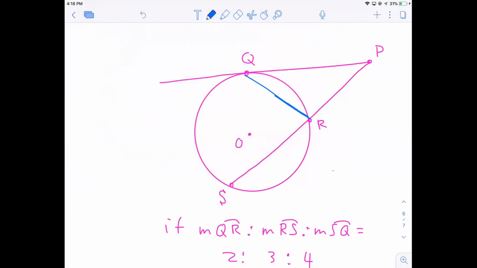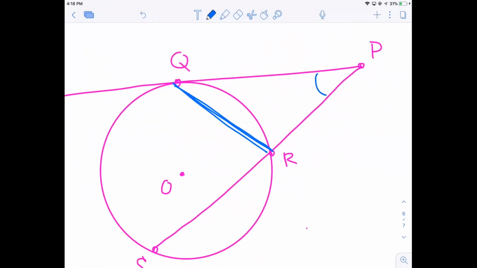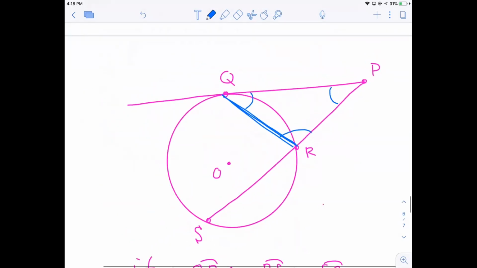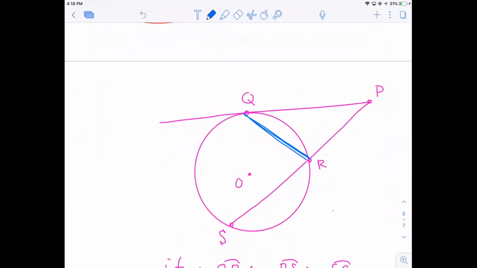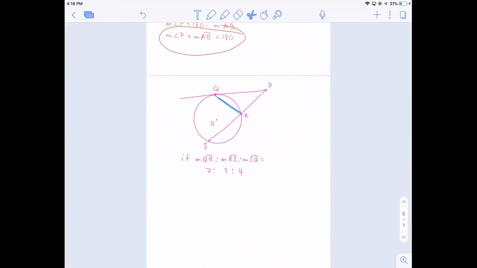Also I'll draw in QR. So I want you to find the measures of angle P, angle PQR, angle PRQ, this angle QRS, and the measure of all the arcs that you can in that diagram. So that's going to be our example for today. That goes over the theorems we talked about.